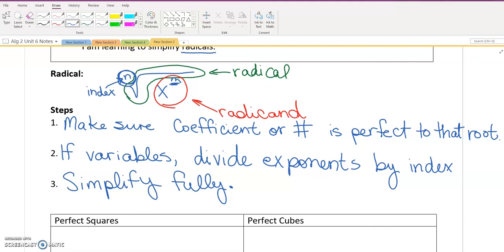Now, there's one last thing I always like to talk about when I say simplify fully. You all don't have to write this out, but just think about it with me. What is the square root of 4? 2. So whenever you write your answers, you don't have any radicals when you take the root.